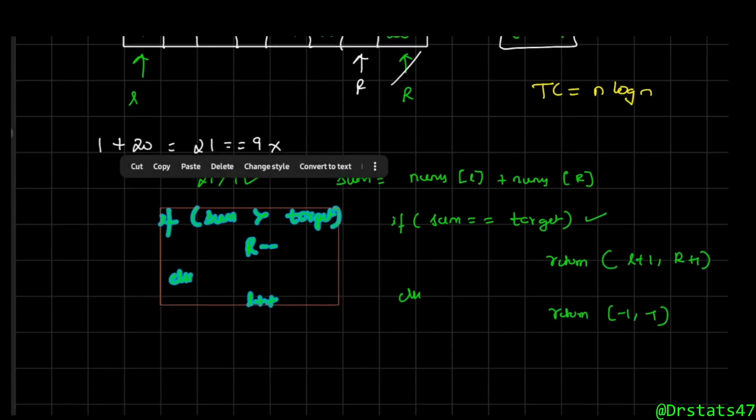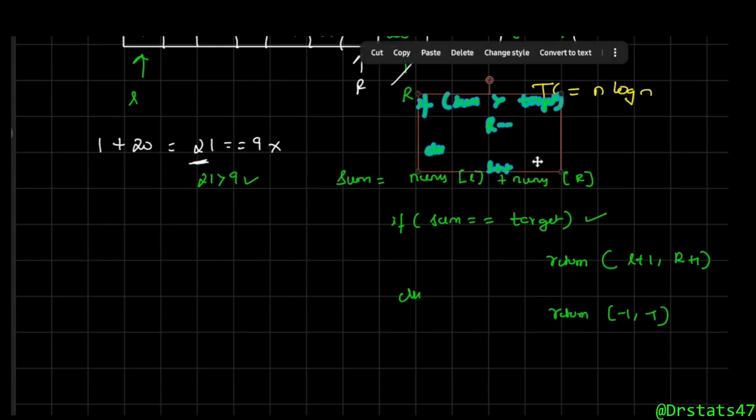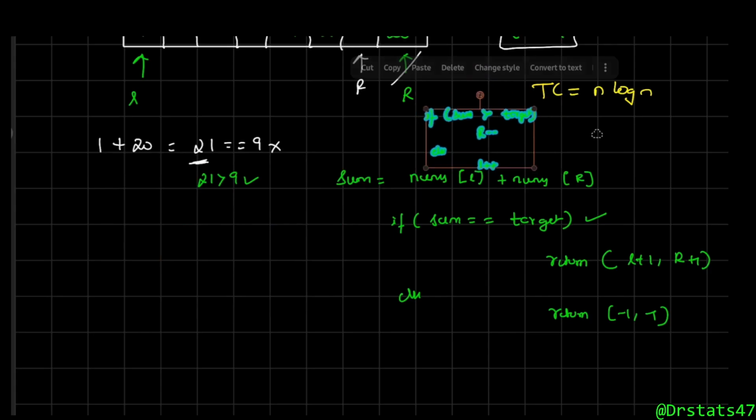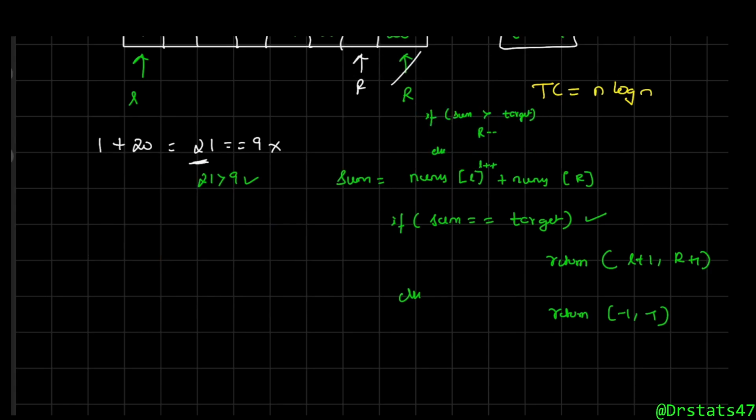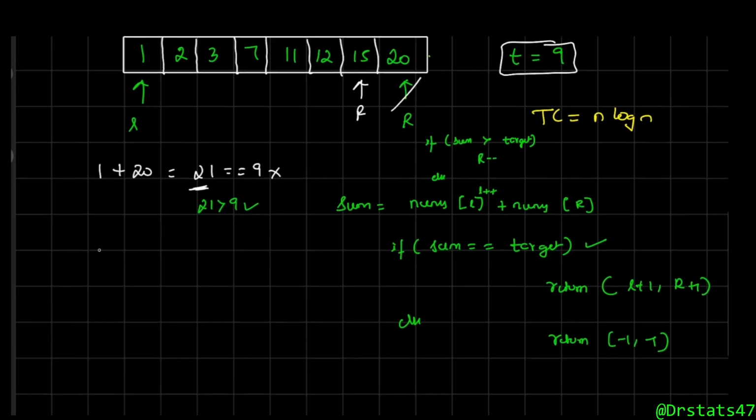I will make this here. Now again we have to check. 1 plus 15 is equal to 16. 16 is not equal to 9, so the sum is greater than target.